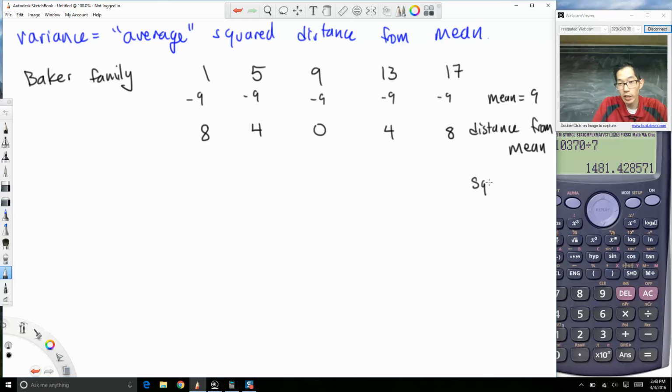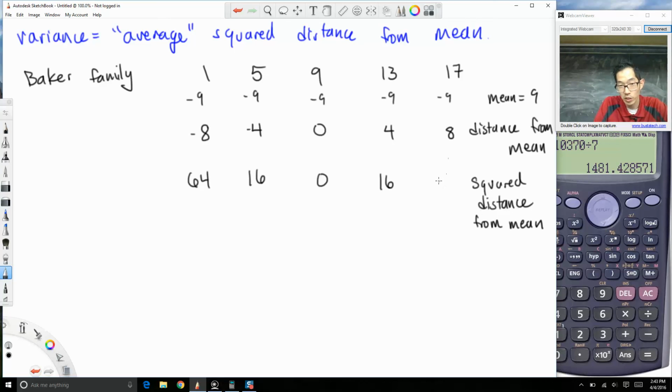We can now have squared distance from the mean. Whether you just say how far it is or whether you subtract and assign signs, it doesn't matter, because when we do the squaring, the signs go the right way. So squared distance from the mean. What is 8 squared? 64. 4 squared is 16. 0 squared is 0. 4 squared is 16.